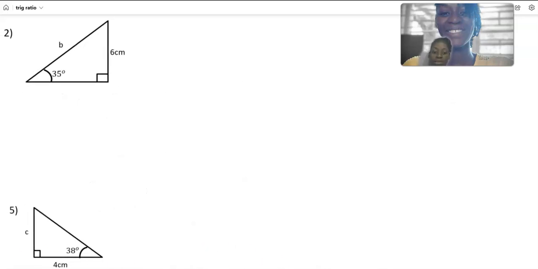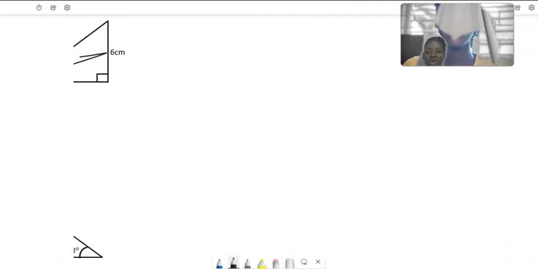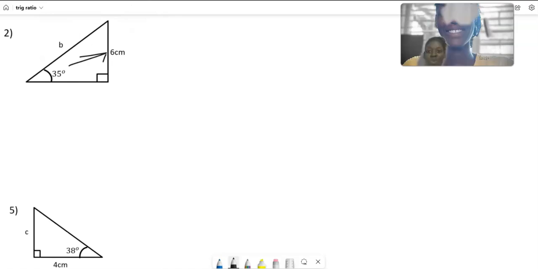Alright, so let's look at example 2. Again, you ask yourself the question, what do I have? What length was I given? What length am I being asked for? So we know that we can always draw an arrow to the other side for opposite, so we have the opposite. And the slant side is generally the hypotenuse. In this case, it definitely is. So we want B, which is the hypotenuse.